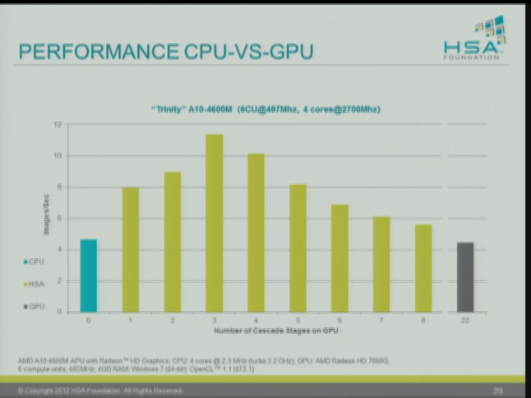This is an optimization that you can do on HSA because everything is running in the same memory with the same addresses, fully coherent. The processing can shift at any time with efficiency.